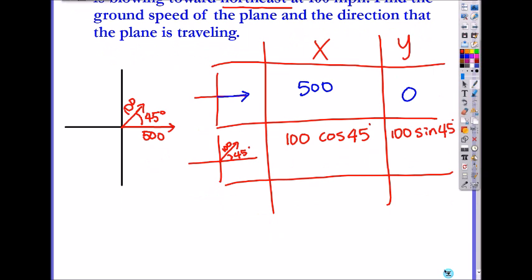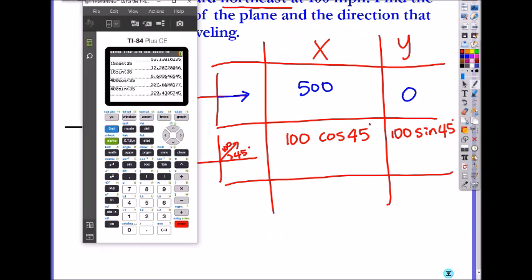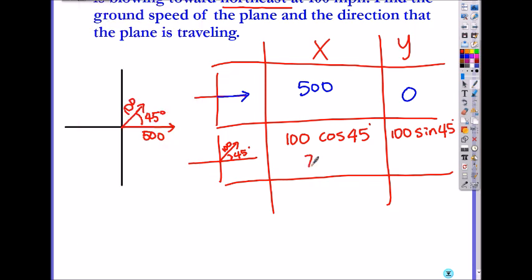So it's 100 times root 2 over 2, but we need decimal answers, so let's just put it into the calculator. 100 times cosine of 45, 100 times sine of 45. They are the same, 70.711. So now, what are we doing?